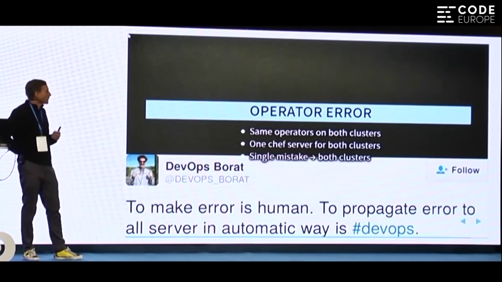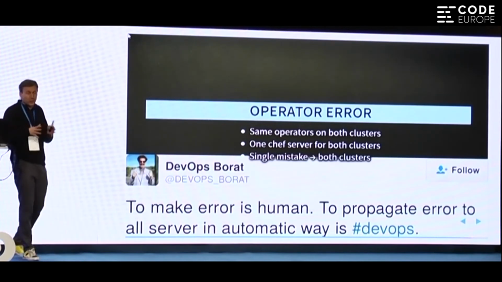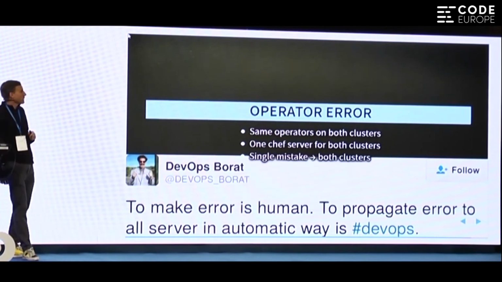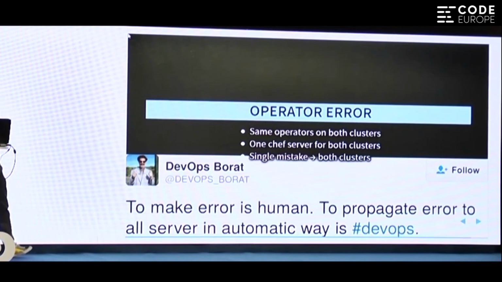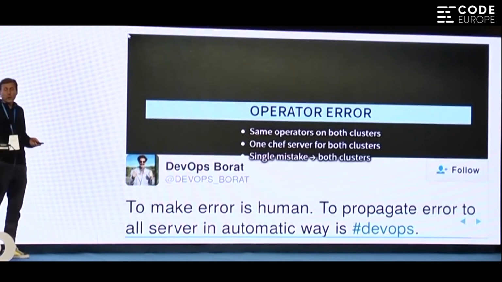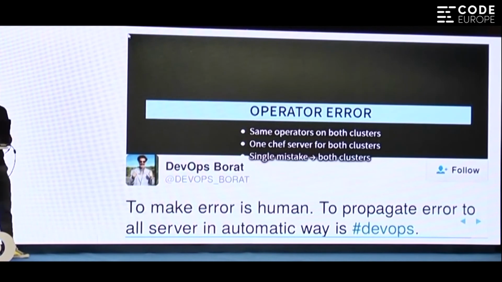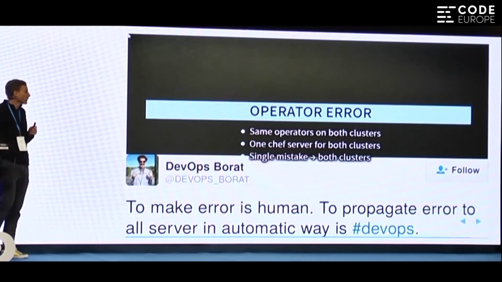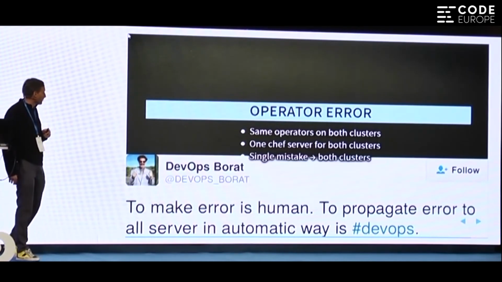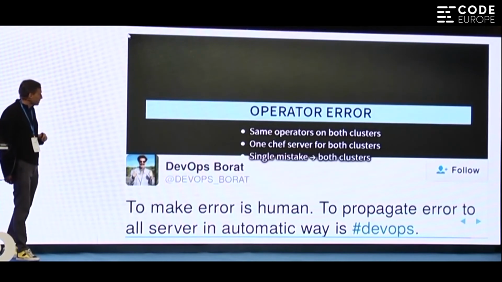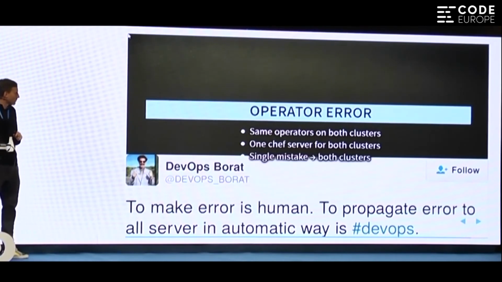And it's stored on the same Chef server that's distributed by the same machine. So we need to be very careful that a single mistake in the code will not be immediately applied to both data centers and erase all the data in one fell swoop, as our friend says on Twitter: to make errors human, to propagate error to all services automatically, DevOps.